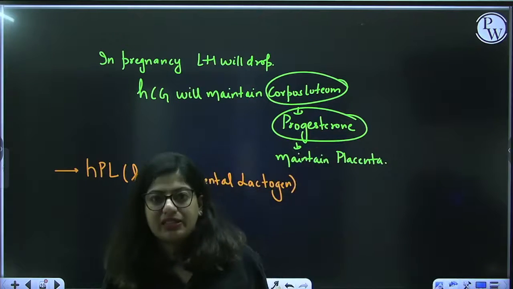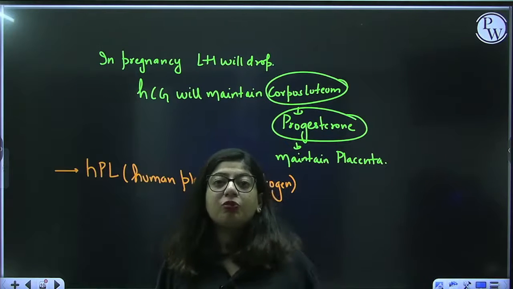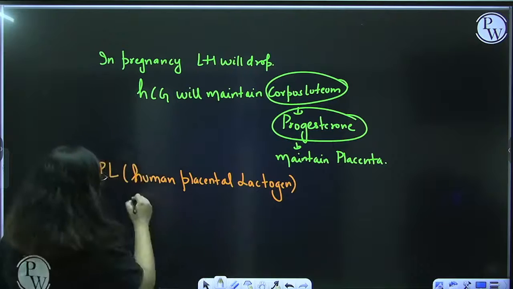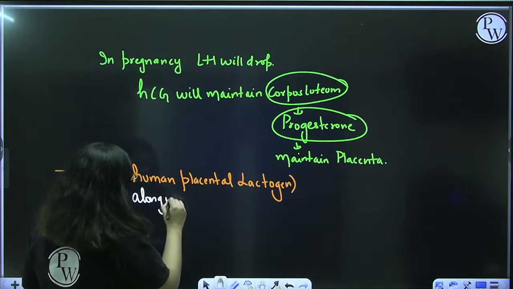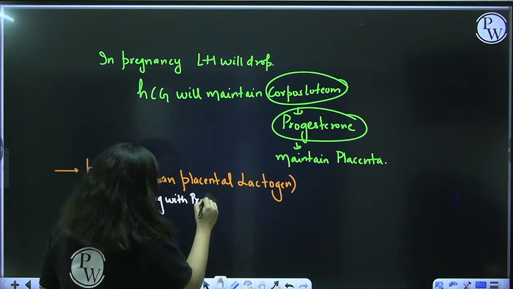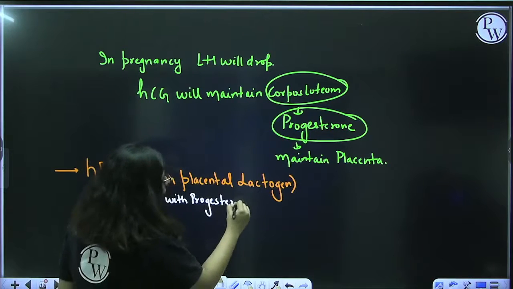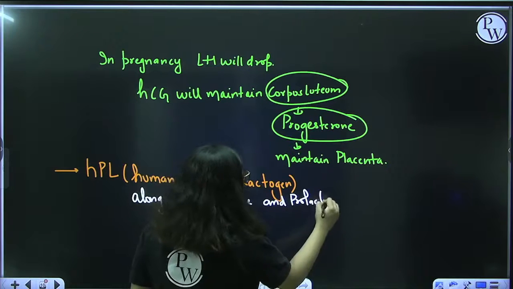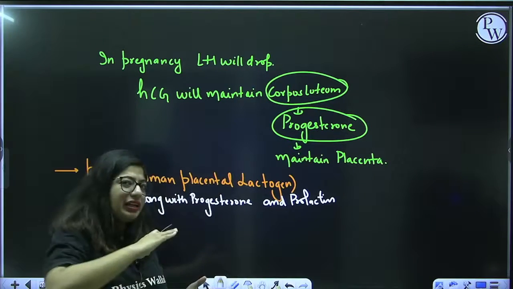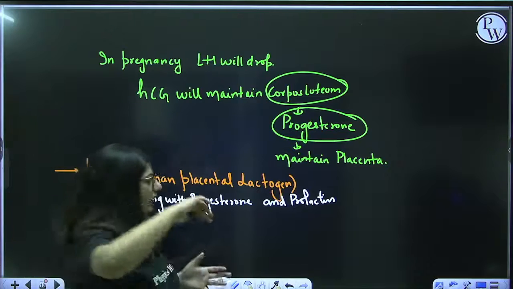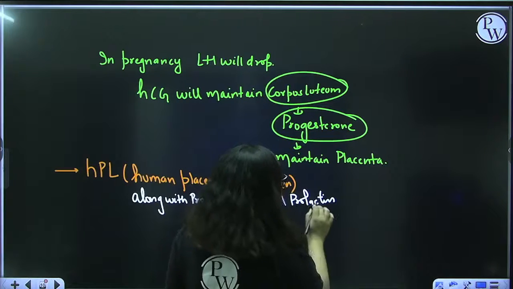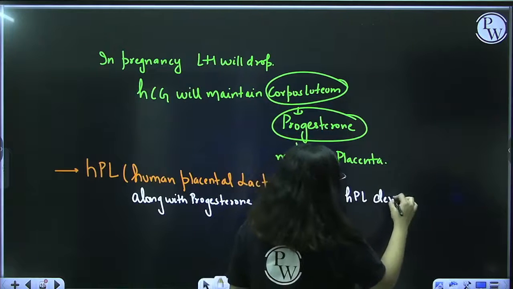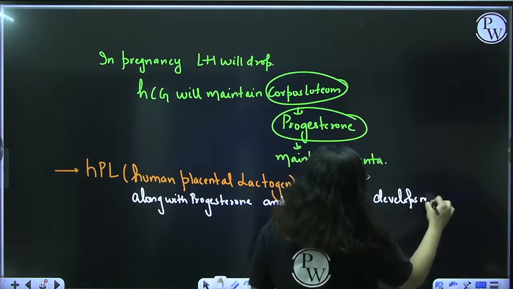They will develop the breast so that the female's breasts are ready to produce milk. So that's why its name is lactogen. So HPL, along with progesterone and another hormone, prolactin, which is very low in the initial phases but increases in later phases, develops the mammary glands.